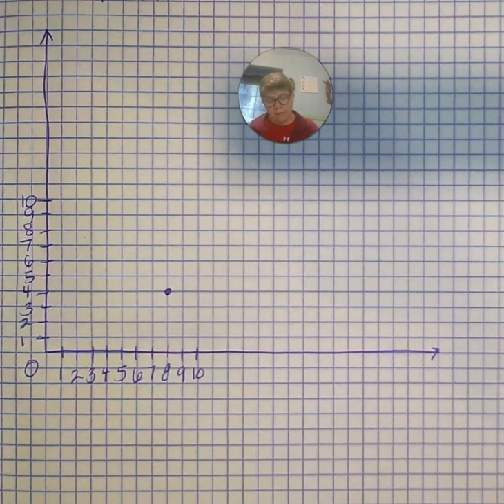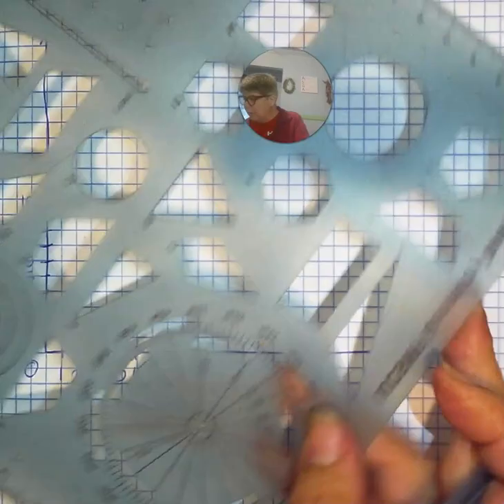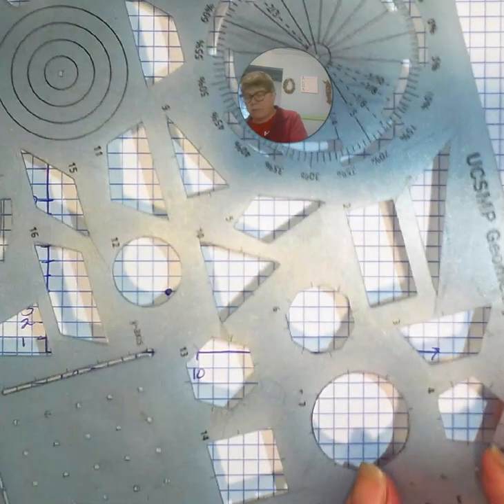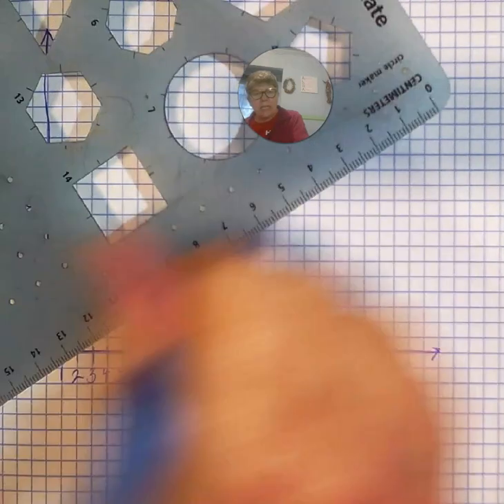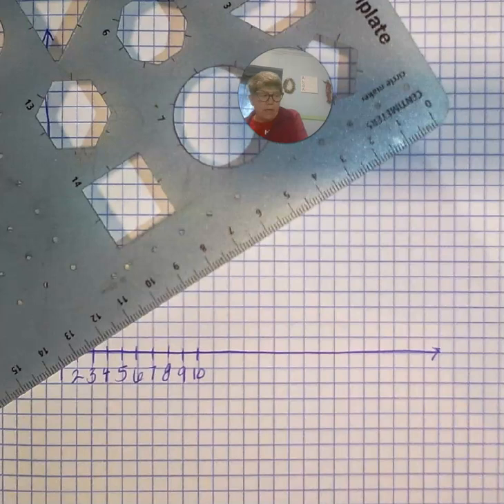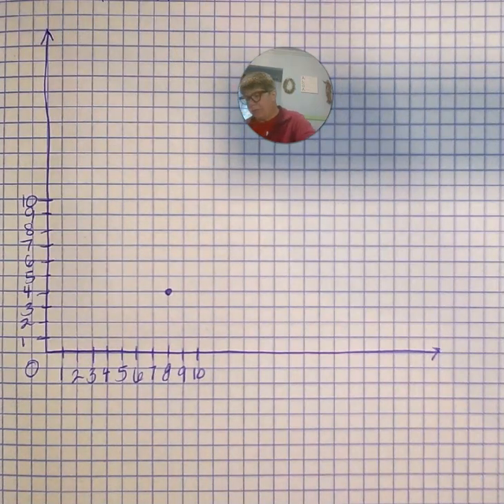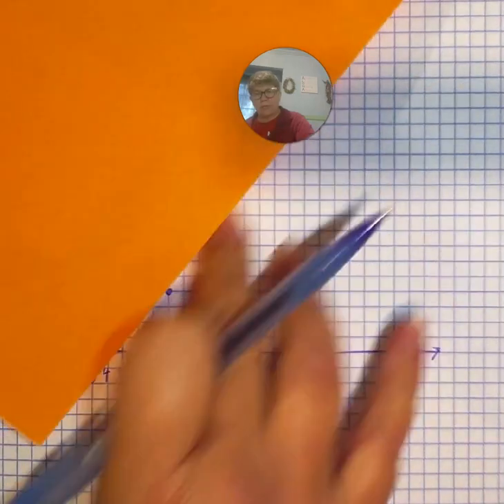And then when you have your point plotted, I want you to take a straight edge, any kind of ruler, or I have this geometry template that has a bunch of geometry stuff on it, which also has a straight edge. Any kind of straight edge that you have. If you don't have one, you could use even another piece of paper, because a piece of paper also has a straight edge.